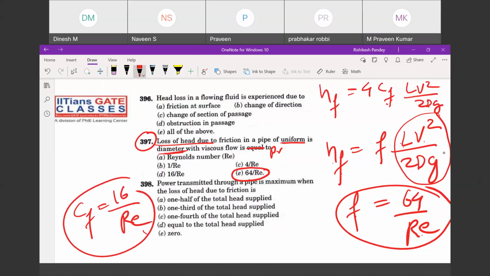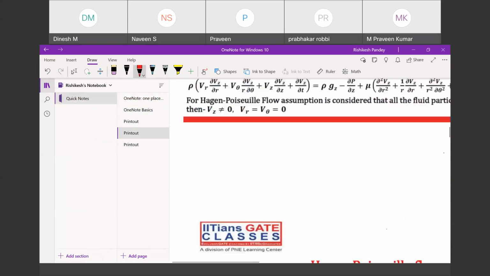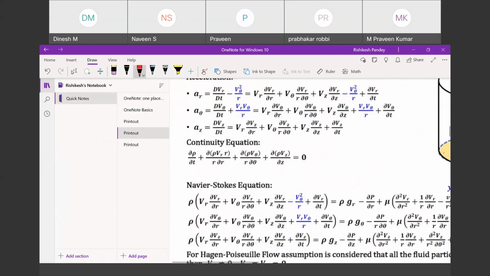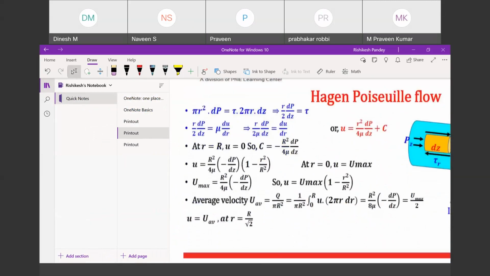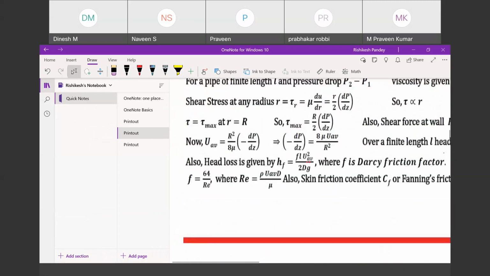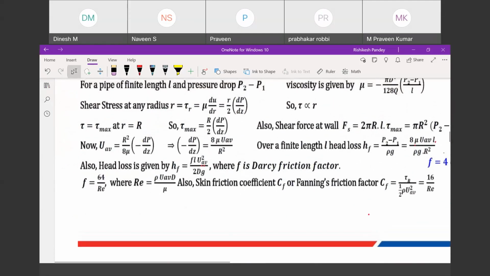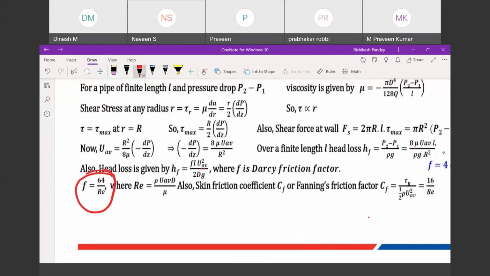So it should be 64 by Re. We have seen that f is 64 by Re.